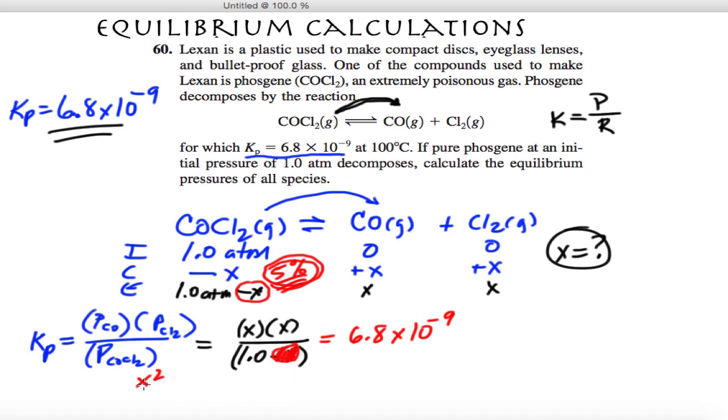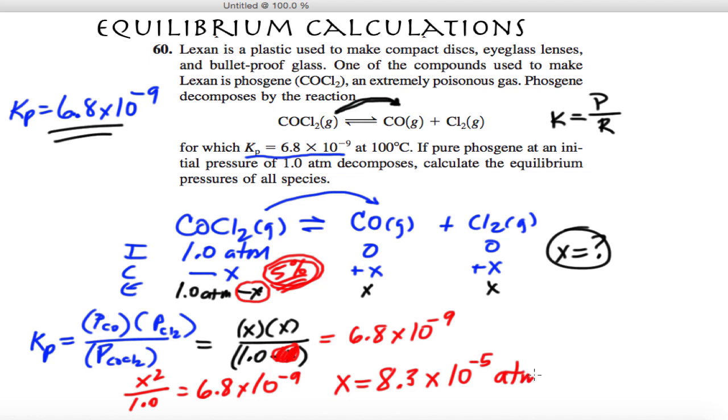So we have x squared over 1, and then set that equal to 6.8 times 10 to the minus 9. At this point, it's just a matter of simplifying and solving for x, which comes out to 8.3 times 10 to the minus 5. This is in ATM because that's what x is, and these are the two values of x.